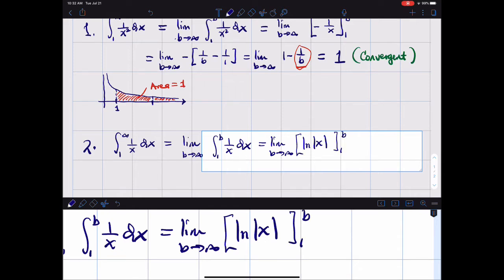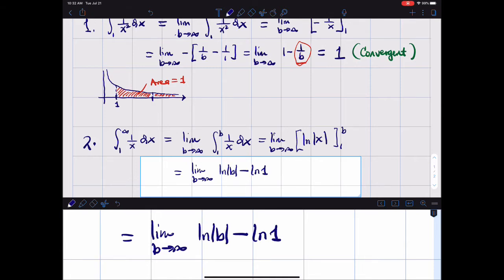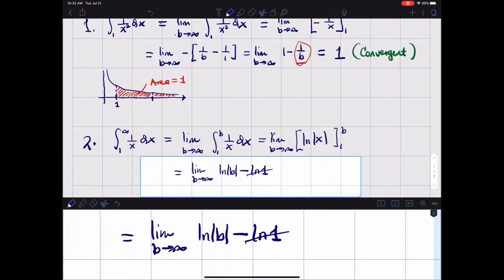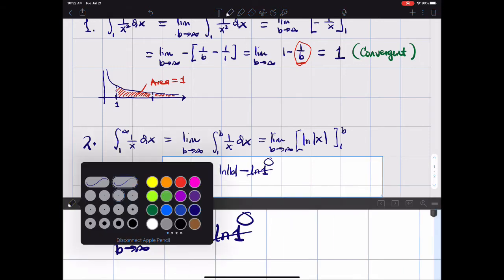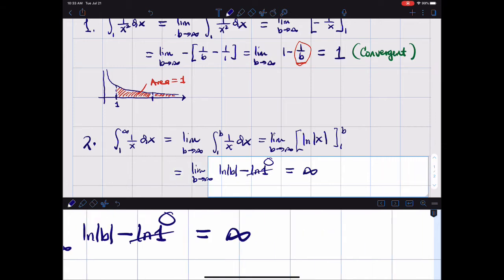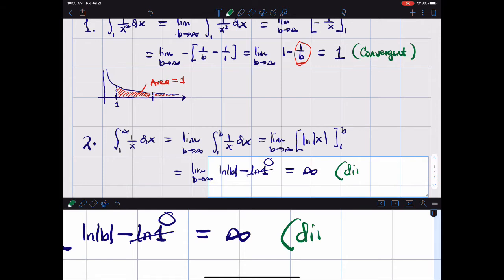So this is natural log of b minus natural log of 1. Natural log of 1 is 0. And we know that as b goes to infinity, natural log of b goes to infinity. So this is divergent.